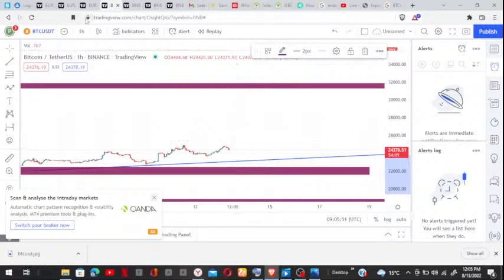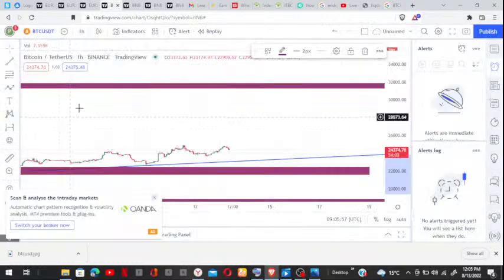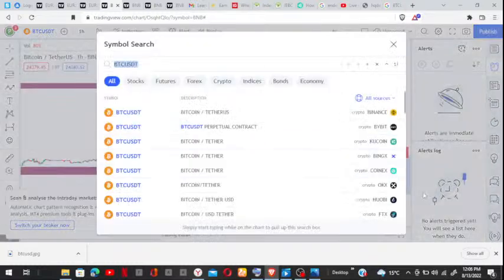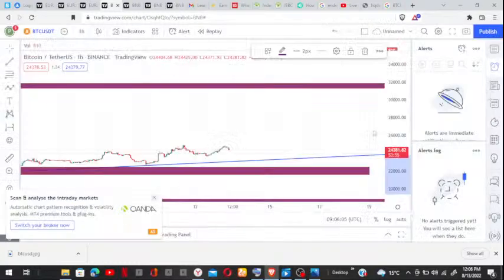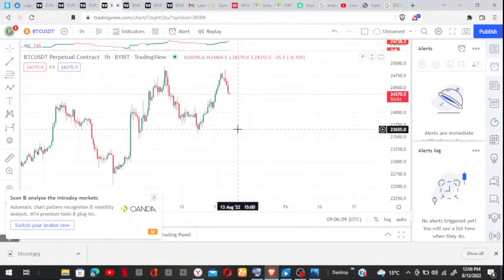So guys, let me use another. This was just an overview of what is happening in the market. Let me see what's going to make it more visible.